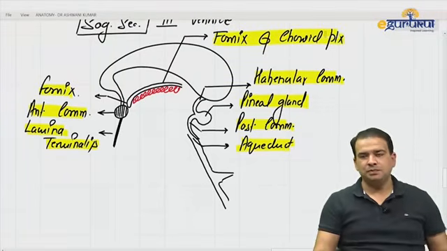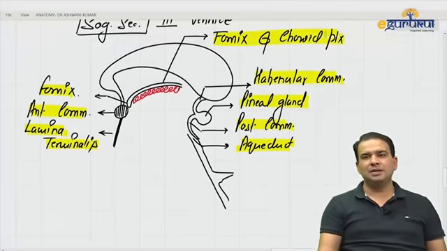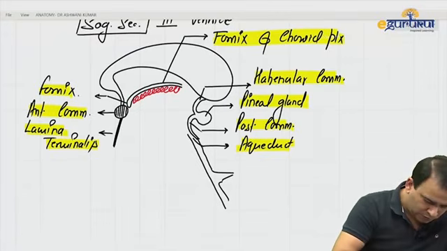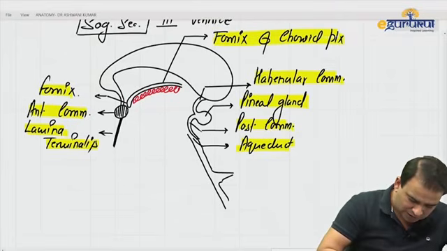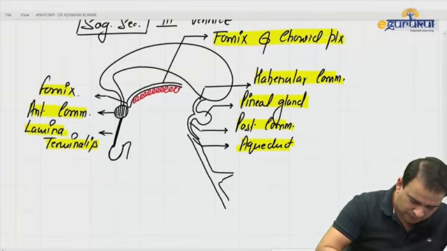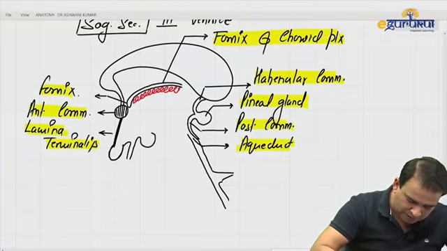And then comes the most important, that is the floor. Just think about that view of the brainstem from the front and you'll get the answer to this. Starting with the optic chiasma, infundibulum, mammillary bodies, and let's say if this is a brainstem here.